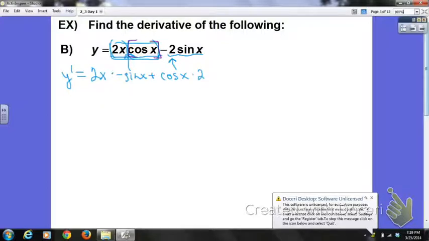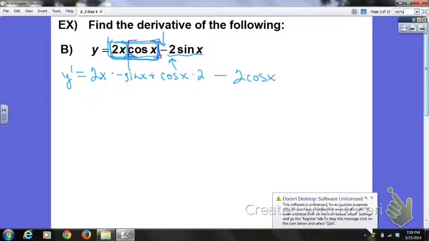That completes our product rule. So now we took the derivative of the first piece. We know that we can split derivatives apart whenever we see a plus or minus like we do here. So then we simply subtract the derivative of 2 sine x. The derivative of sine x is cosine x, so the derivative of 2 sine x is going to be 2 cosine x.